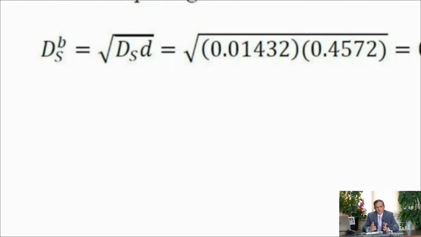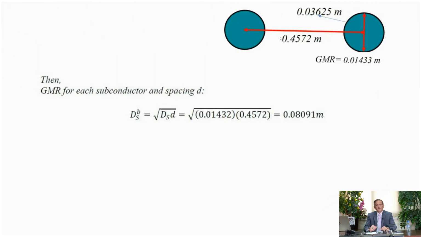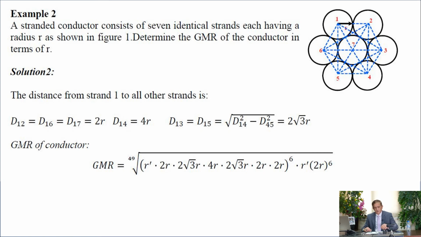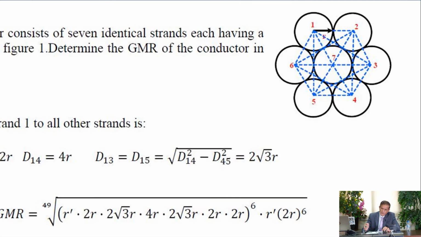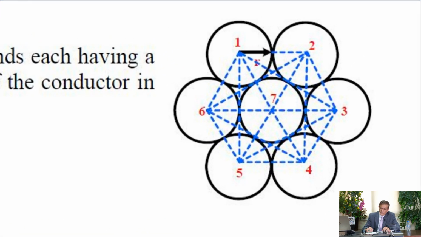This can be applied, remember I explained, for 7 strands in the bundle. We take the first strand, its self radius, and the distance to the other 6. You have 7. Go to strand number 2, its self radius multiplied by the distance to the other 7.